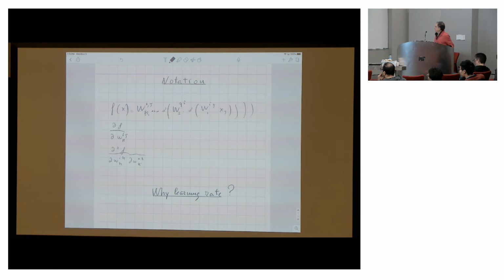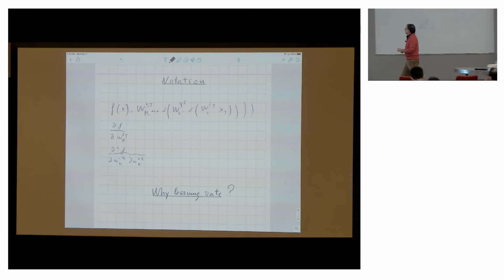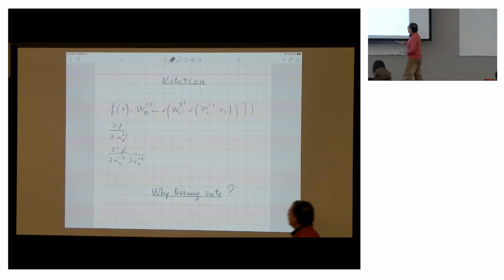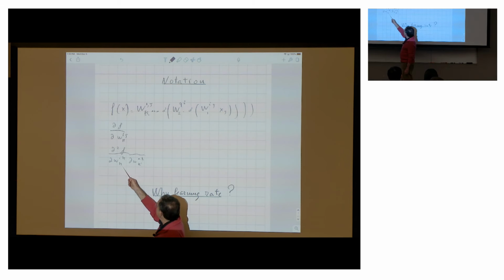For instance, I can ask you, what is the second derivative with respect to v_ikk and v_jmk?